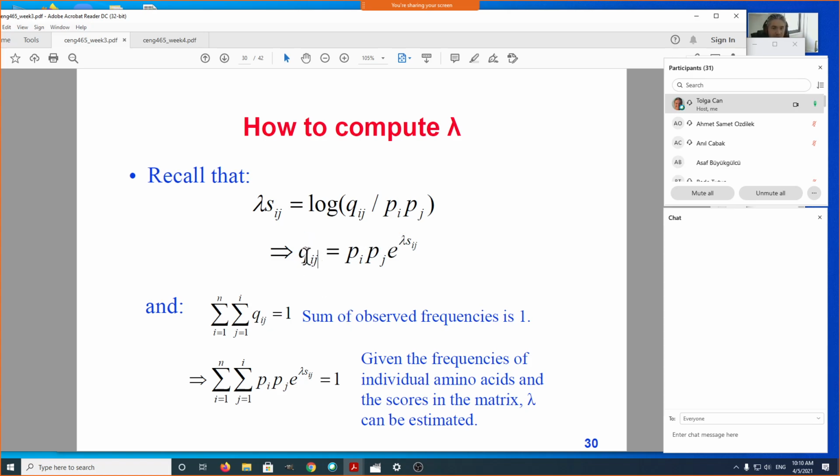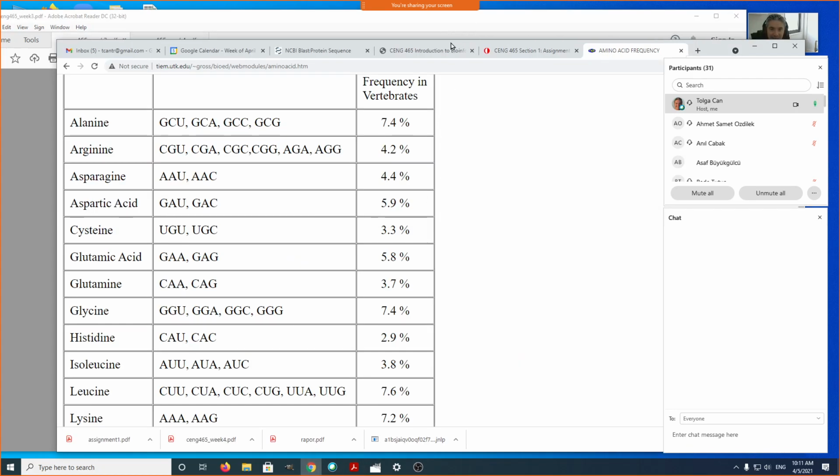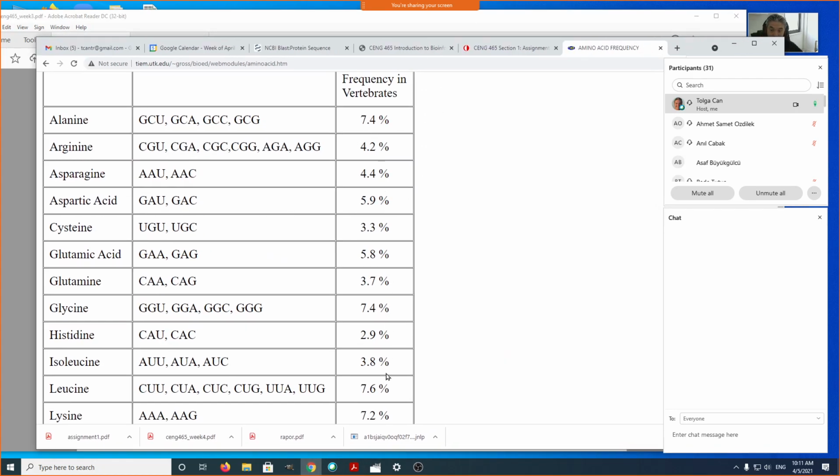For all the amino acid pairs, we would either need to go back and look at the original papers of Dayhoff et al. to see what Qij values they obtained. But in order to obtain Qij, we need to look at a lot of alignments. It's easy to compute these statistics per individual amino acid.